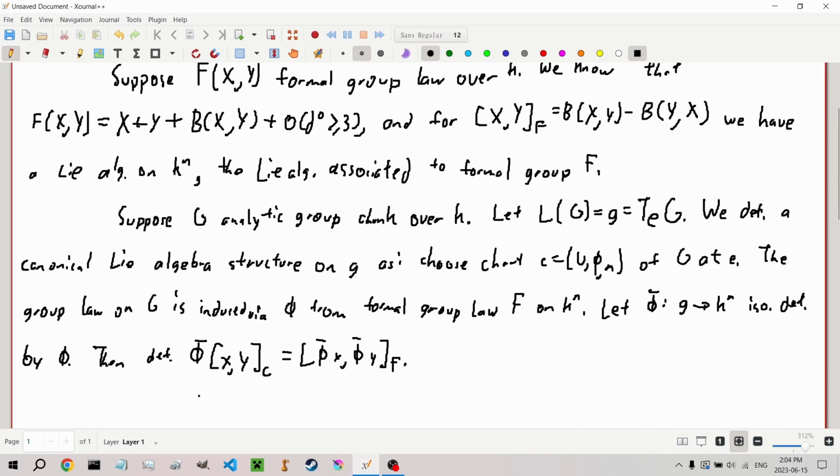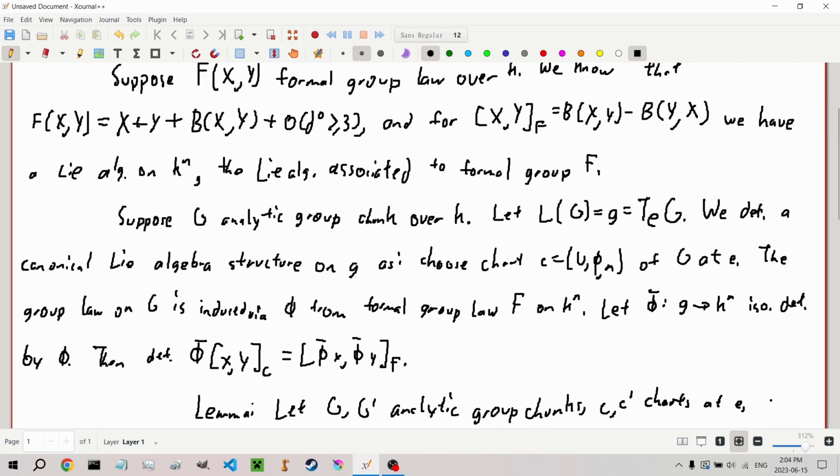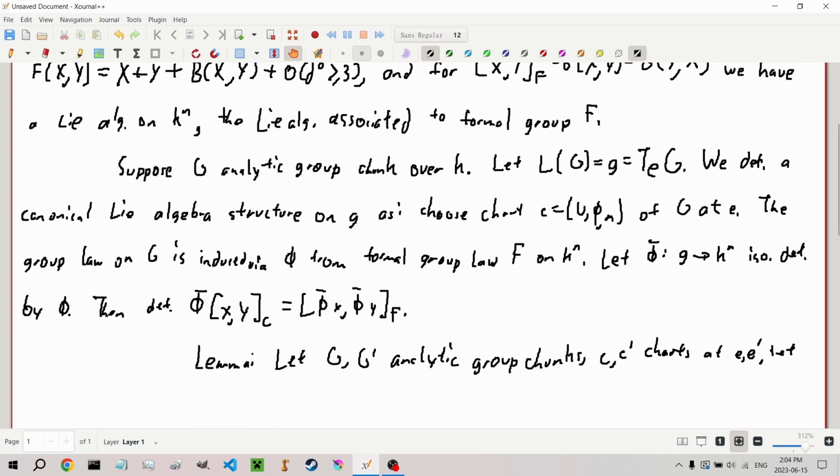Lemma: let G and G prime be analytic group chunks, C and C prime be charts at E and E prime, and let F from G to G prime be a local homomorphism.